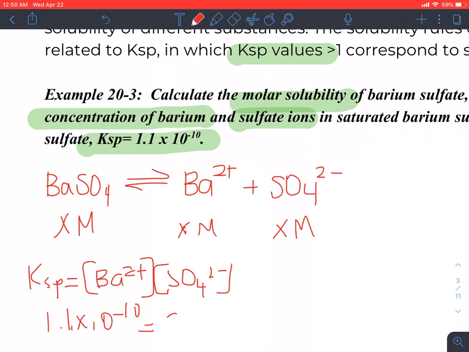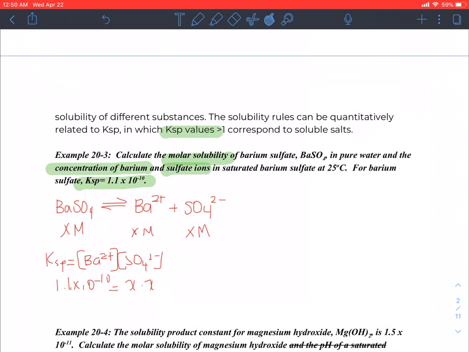We would multiply X times X, so basically X squared. Once we solve for X in this case, I get 1.0 times 10 to the negative 5 molar.